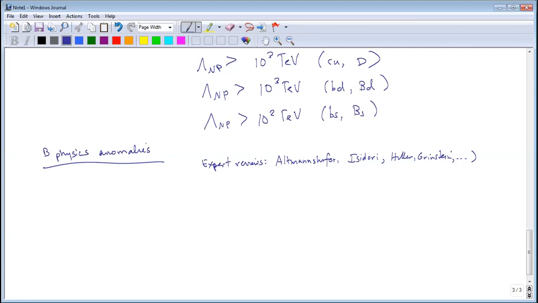That's controlled by the CKM, which we've seen parametrically has very small off-diagonal elements. Furthermore, it's the SU(2) left, V minus A structure of the standard model, which tells us that generally we can have GIM type cancellation. So there are many processes that, because of the properties of the standard model, are very, very much suppressed.